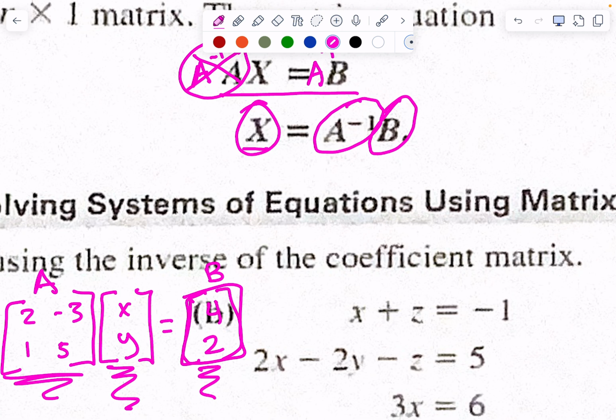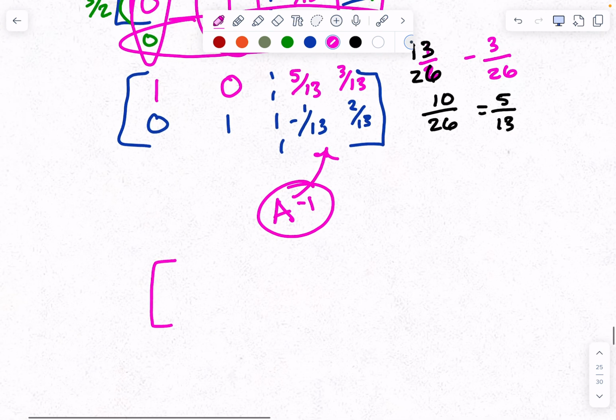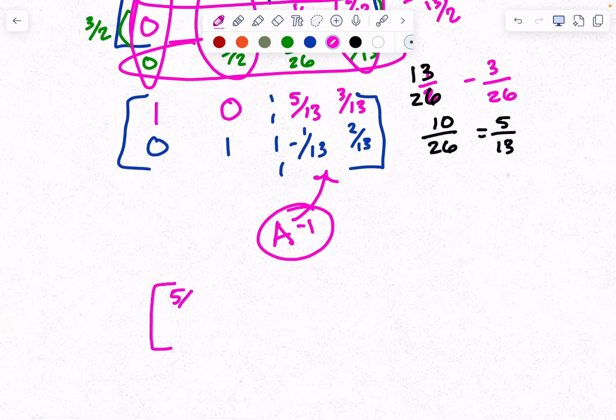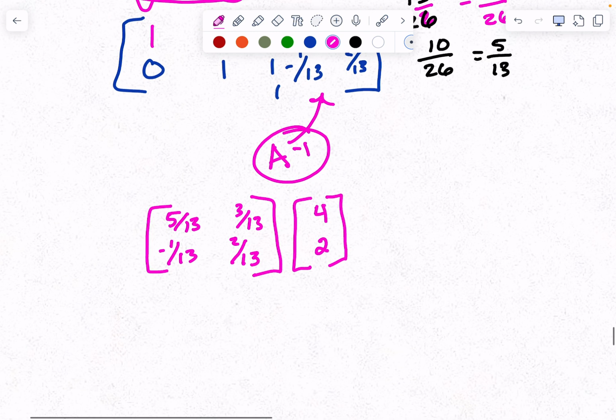So here is A inverse, that really disgusting, gross matrix: 5 over 13, 3 over 13, -1 over 13, 2 over 13. I have to take it times the B matrix, which was 4, 2. That's going to give me the final answer, right?